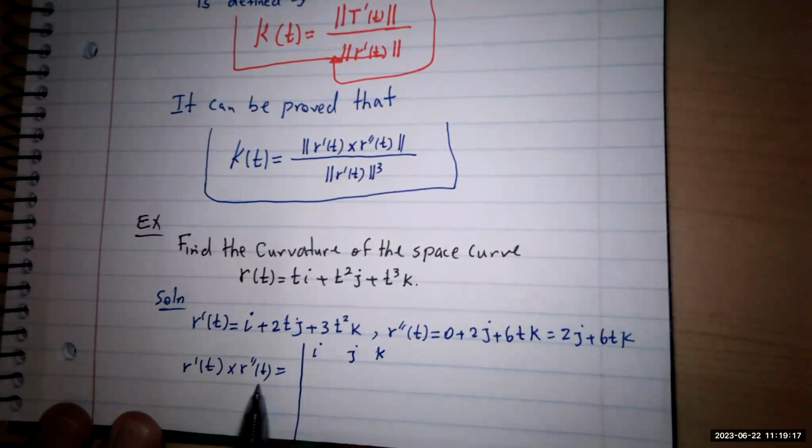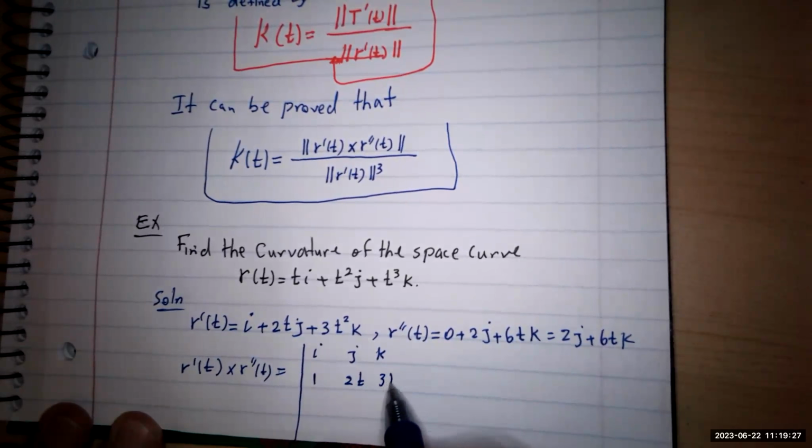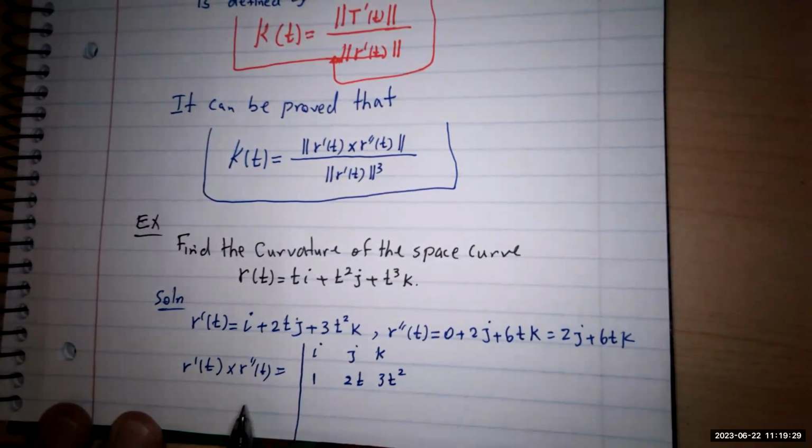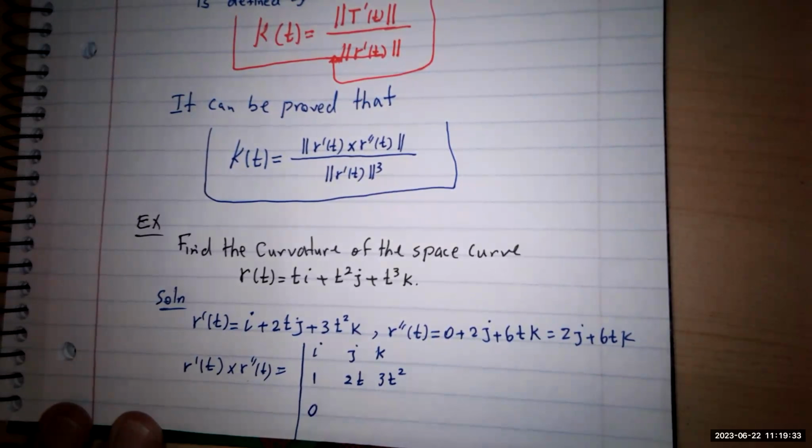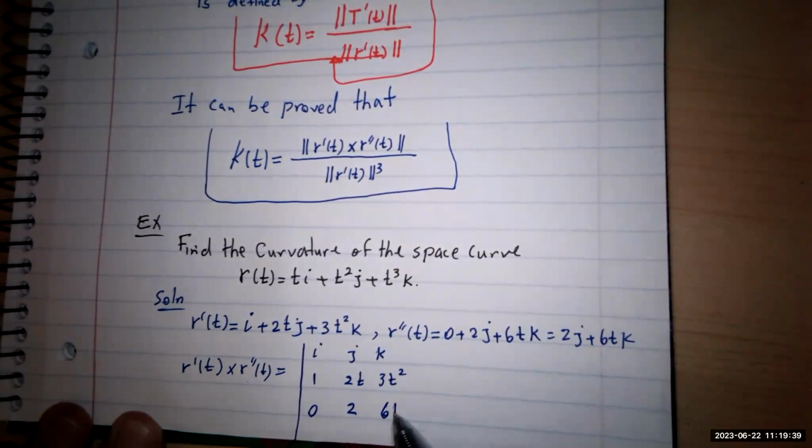Then the r prime components are 1, 2t, and 3t squared. Then the r double prime components: there is no i, so it's going to be 0. The coefficient of j is 2, and the coefficient of k is 6t.